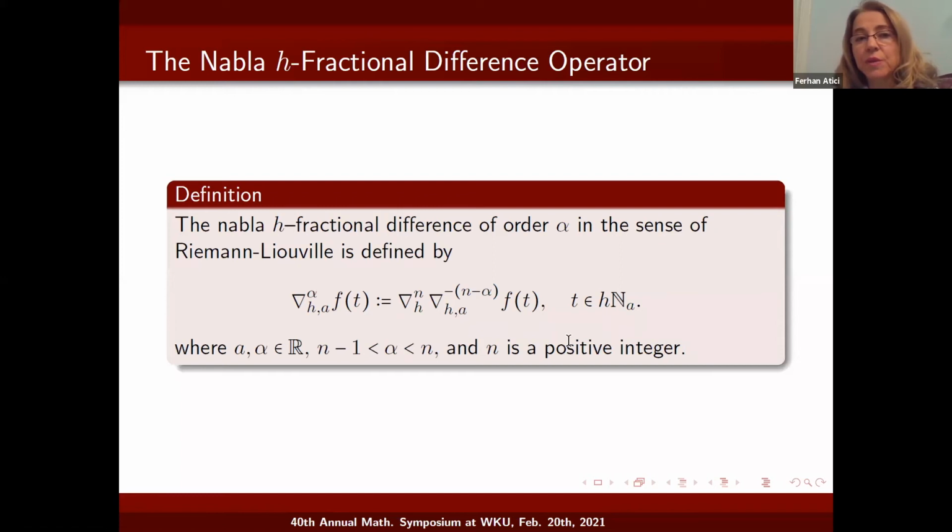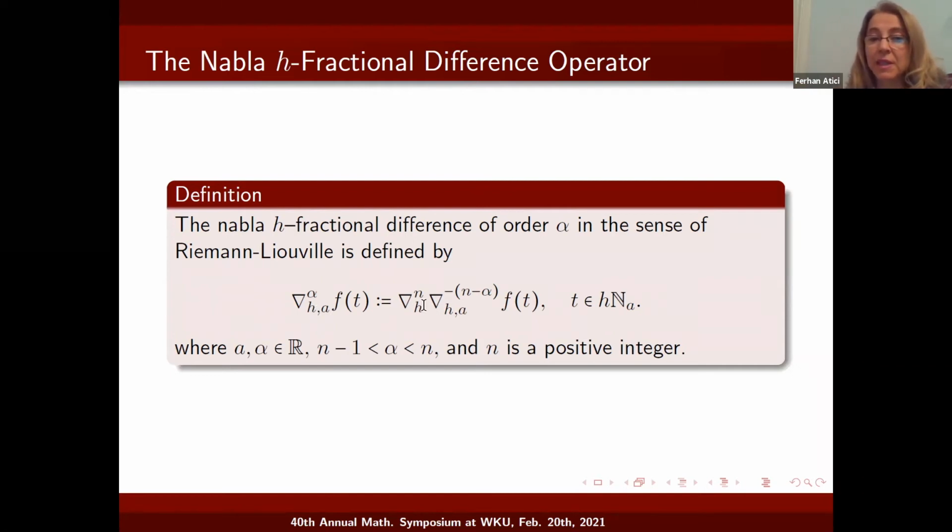I'd like to continue with the nabla h fractional difference operator. Once you know how to handle the fractional sum operator, which corresponds to a fractional integral operator, then the fractional difference operator is a combination of the fractional sum operator with the nabla operator of integer order. For example, if alpha is 1 over 2, then you take the upper integer bound of alpha, so 1 over 2 gives an upper integer bound 1.